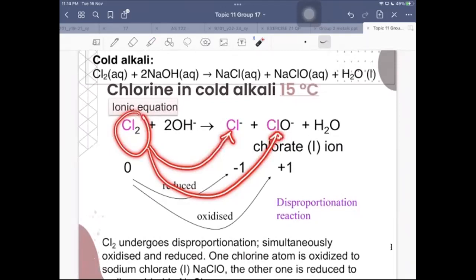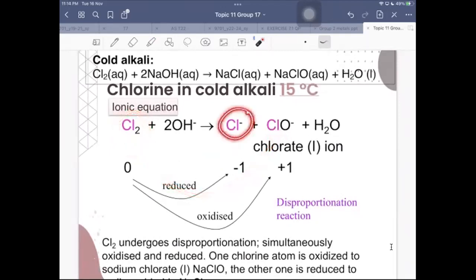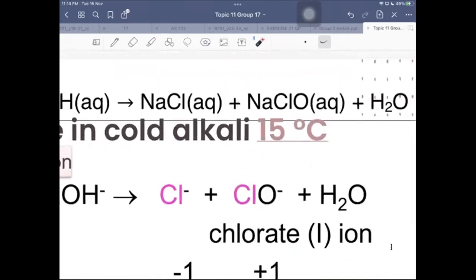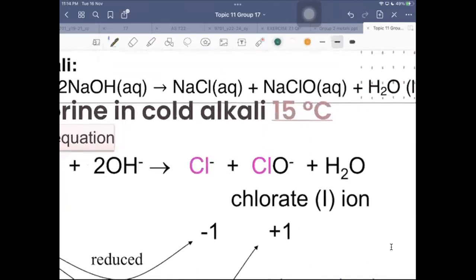So where did I get my chloride ions from? It comes from the sodium chloride earlier on. This is the ionic equation. I hope you all know how to write down the ionic equation. Basically, you just break down your sodium hydroxide into sodium ions and hydroxide ions. Your sodium chloride, break it down into sodium ions and chloride ions. And then your NaClO, that's the only thing I would want to add, is made up of sodium ion and ClO minus.